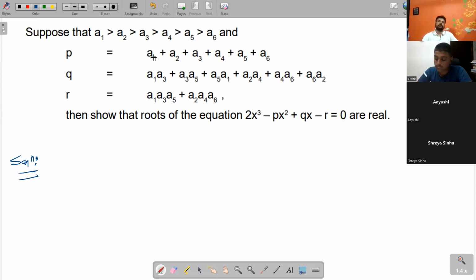See, I'll tell you. You have to prove that the roots of this cubic equation are real. Do one thing, just put the value of PQR here.